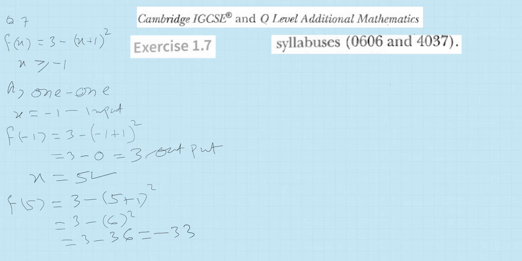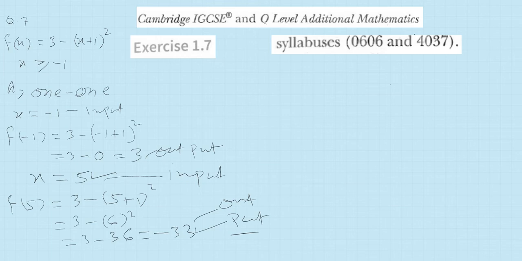So for x equal to 5, the value of y is −33. It means for this one input there is one output, and this is the definition of a one-one function.